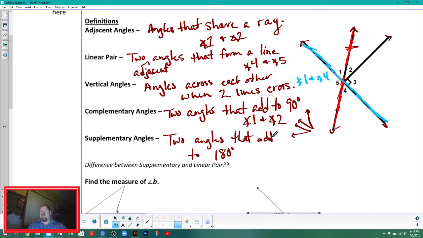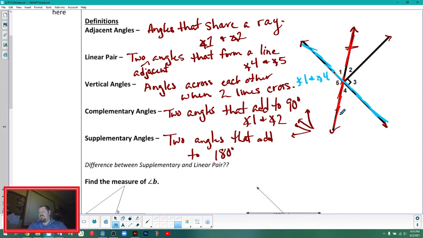And again, the verdict's kind of out whether supplementary angles have to only be 2 angles. It's mostly seen that way. I kind of argue the other way and say, well, I could say that 1, 2, and 3 are all supplementary angles because the 3 of them together, but there are some definitions that fight that a little bit. So I'm going to stick with those, mainly because they're the more common high school level definitions.